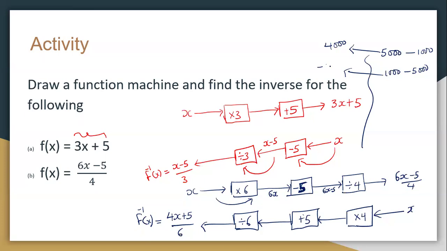Negative 4,000. Now we come back. You have said x minus 5 and 5 minus x. Are they different? Are they the same? They are different. So have you got the answer to your question? Yes, teacher, I have realized.